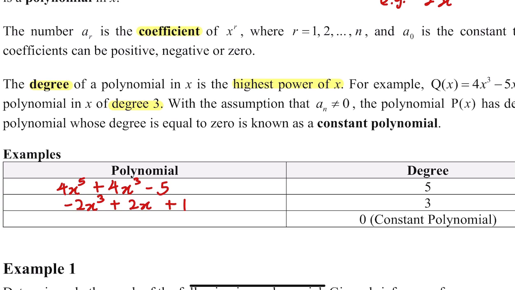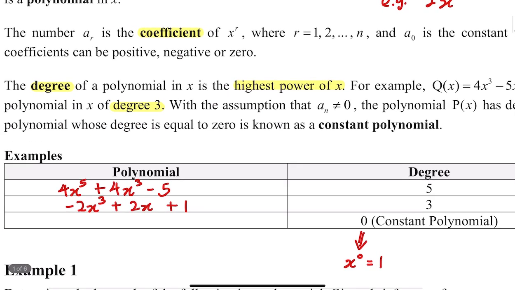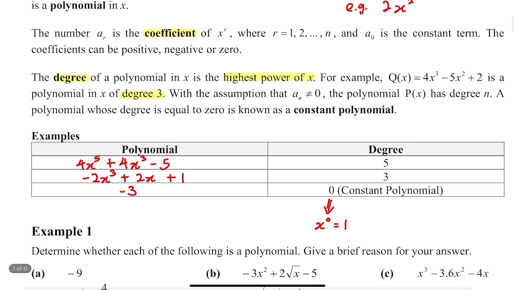Then the last one is a constant polynomial, meaning the degree of the polynomial is 0, and as mentioned earlier, x power 0 is equal to 1. So polynomials that are constants are just numbers, for example negative 3. This is a constant polynomial. The degree is 0 because this is an invisible x power 0.